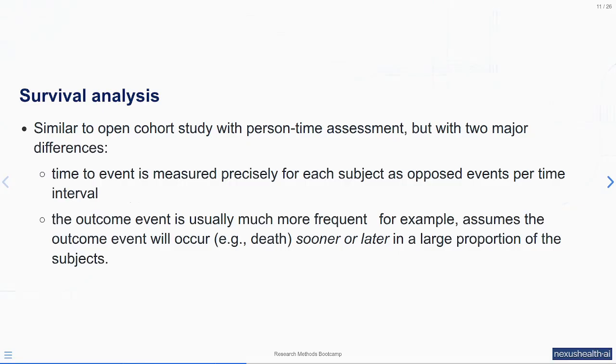For example, death is an event that everybody is going to experience sooner or later. And this is the key thing about survival analysis that makes it different from the other types of analysis that we're used to. So time to event is measured and the outcome event is more frequent, with the assumption that sooner or later all of the population is going to experience the event.